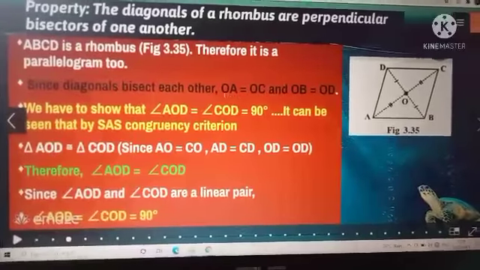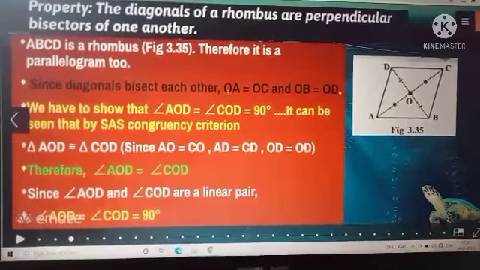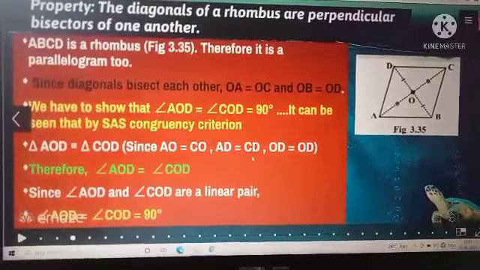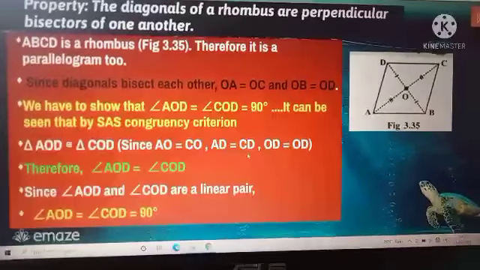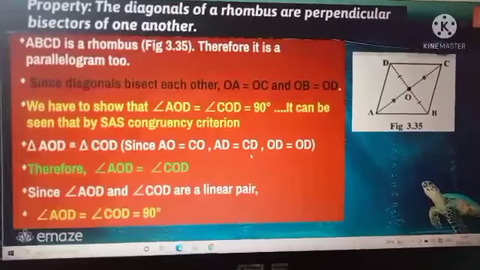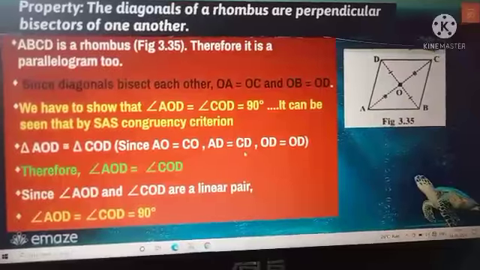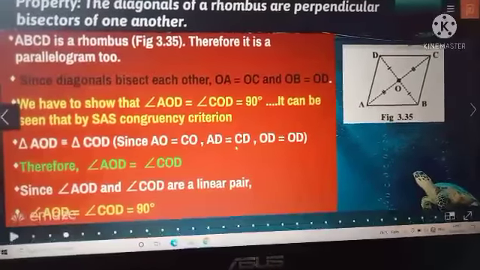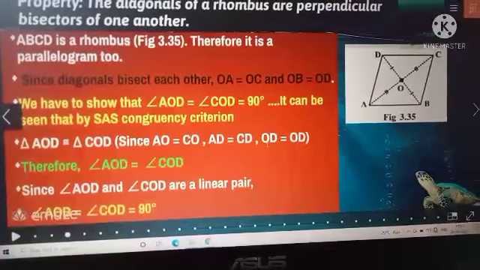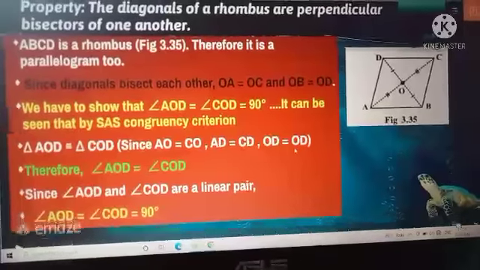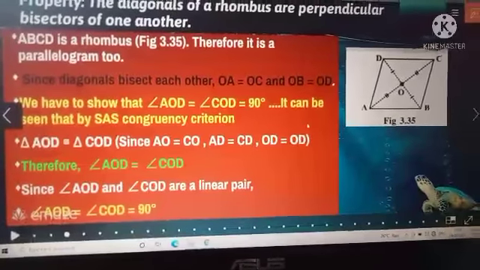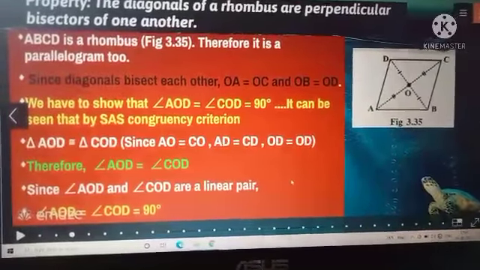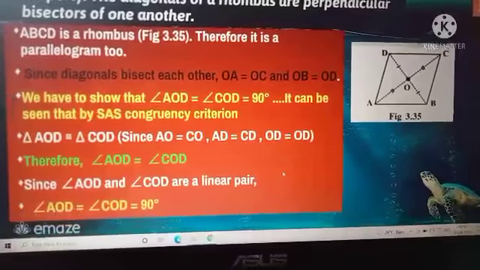We have seen here AO equals CO and AD equals CD, because the figure is a rhombus. For a rhombus, all sides are of equal length. So, AD equals CD and OD equals OD, common side. Therefore, angle AOD is equal to angle COD.